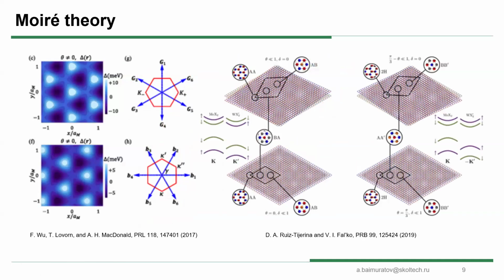Usually, if we believe in this continuum model, we can introduce a low harmonic expansion in Fourier space, with just the first harmonics. If all the stacking changes smoothly, you can use this low harmonic expansion as usual.